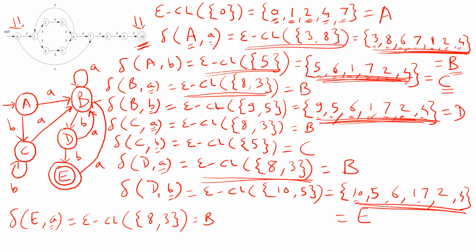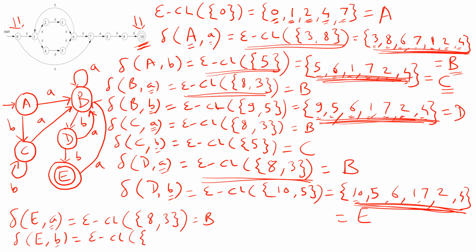Okay. Likewise, we will check what is the delta transition on EB, which is again epsilon closure of EB. This is the E, right? 10, 5, 6, 1, 7, 2, 4.